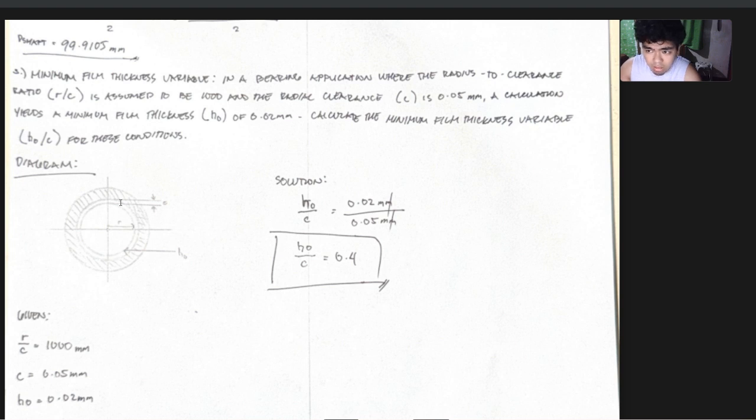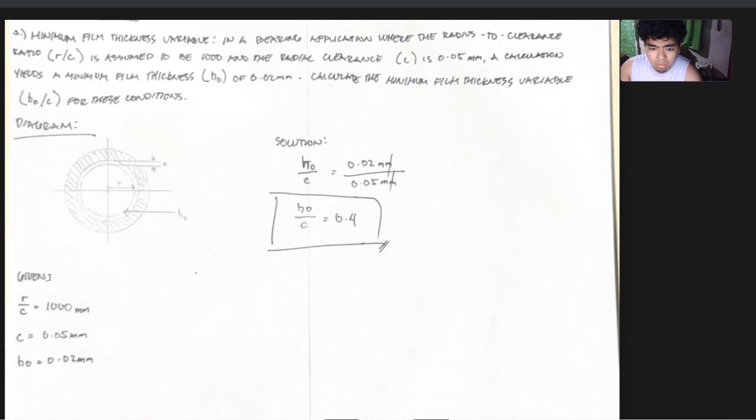Then the clearance is the very small part on top. So for the given, the ratio of radius to clearance is equivalent to 1000. Then the radial clearance is equivalent to 0.05 millimeters. Then the minimum film thickness is equivalent to 0.02.